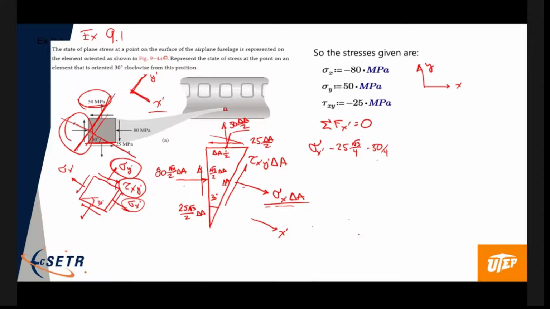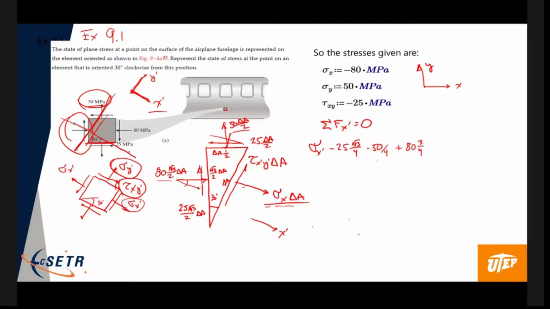Then we go on to this left face. So the 80 is, which component? This component here, right? We want that component. So that's going to be a cosine of 30, and that's actually in the positive direction. So it's 80 rad 3 on 2 times another rad 3 on 2, which is going to be 3 over 4.